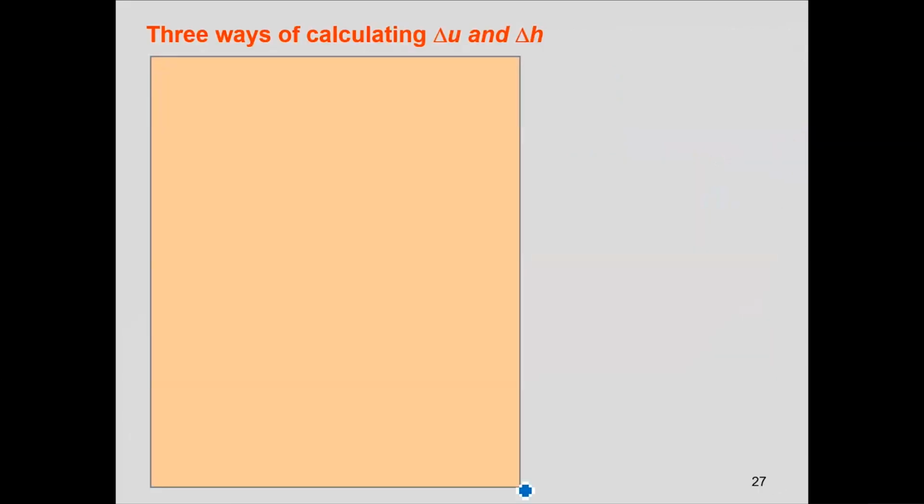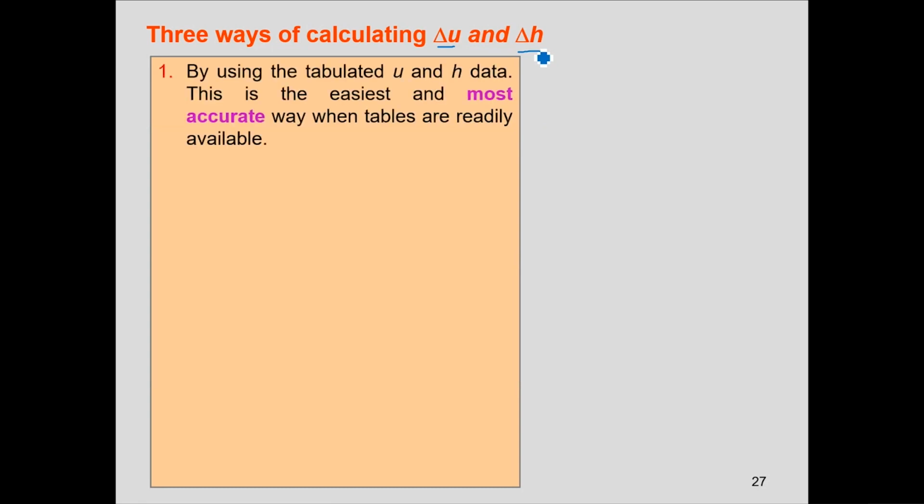There are three ways of calculating delta U and delta H for an ideal gas or real gases behaving ideally. Number one, you use the specific ideal gas tables.